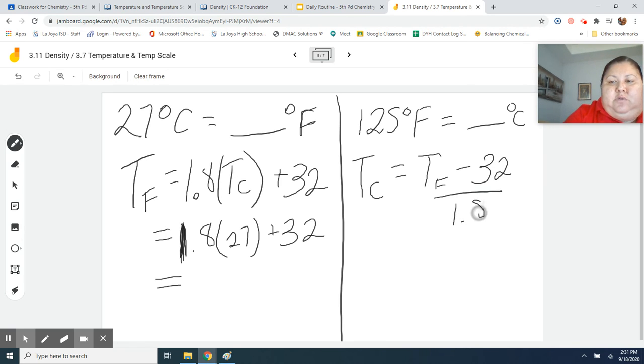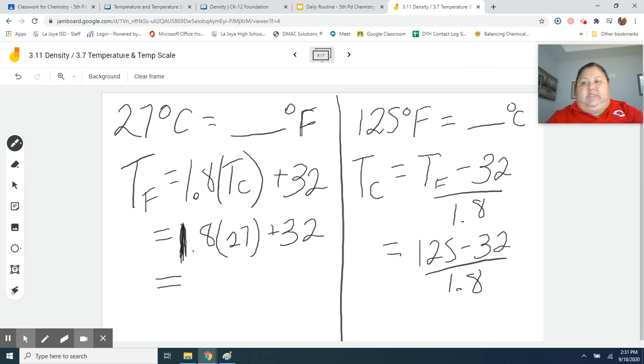You will subtract, then you'll divide. So the final setup will look like 125 minus 32, divide that by 1.8. Okay, so let me get my calculator so that we can practice together.